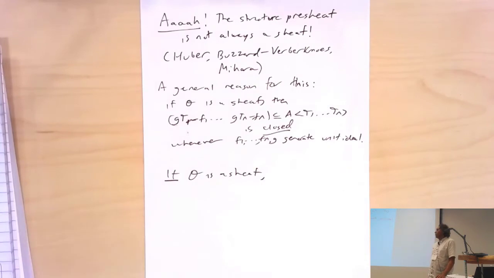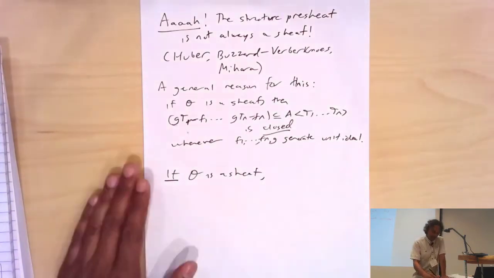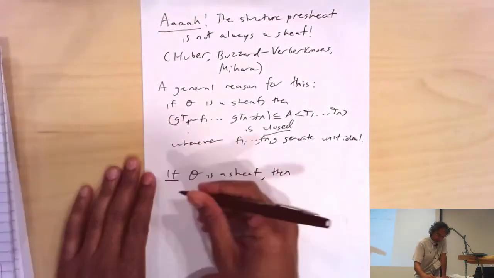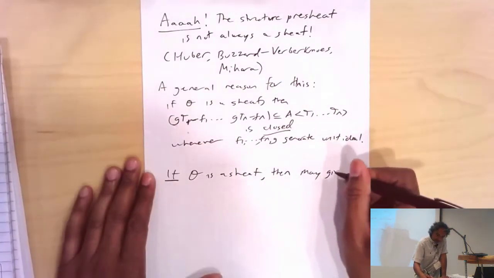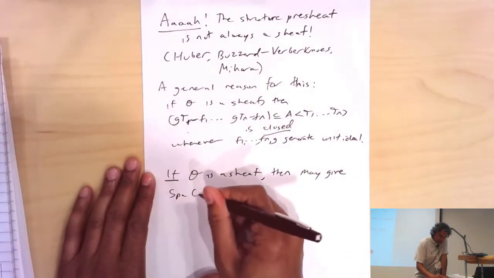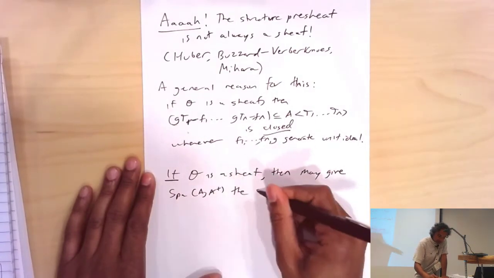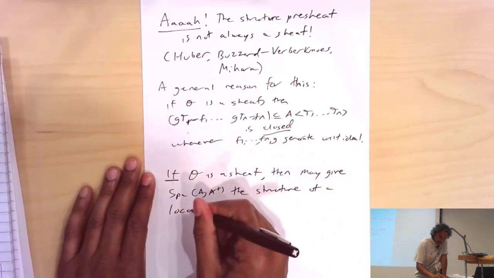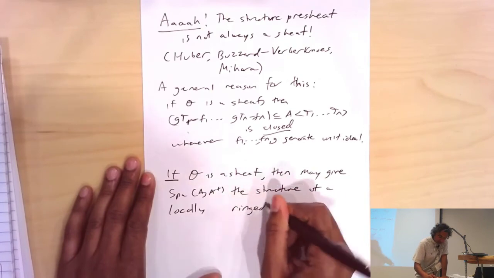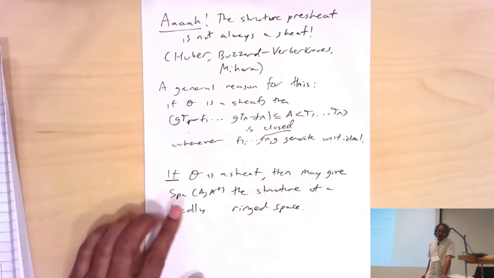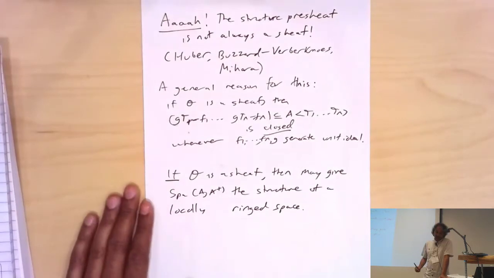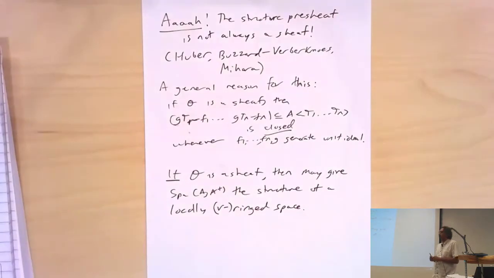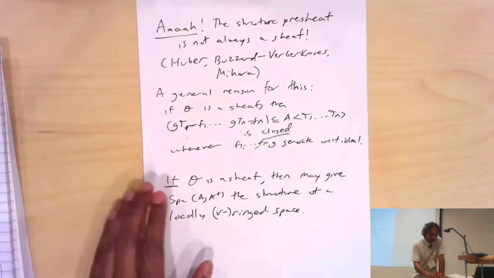If the structure pre-sheaf happens to be a sheaf, then we can at least continue as we did before. So then we can at least give Spa(A, A⁺) the structure of a locally ringed space. It actually has a slightly richer structure because of all these valuations running around. So it's a locally ringed space.